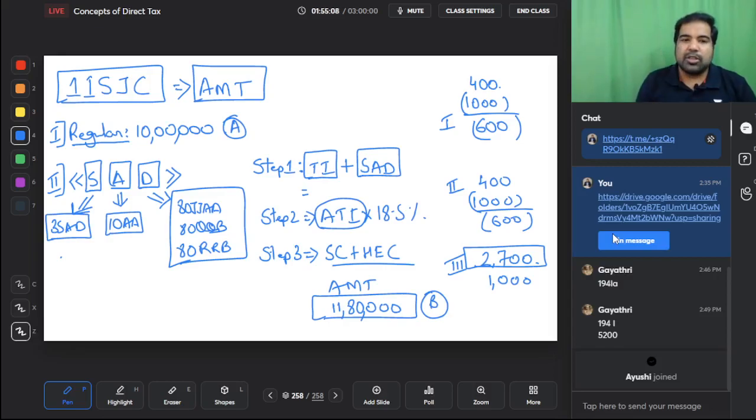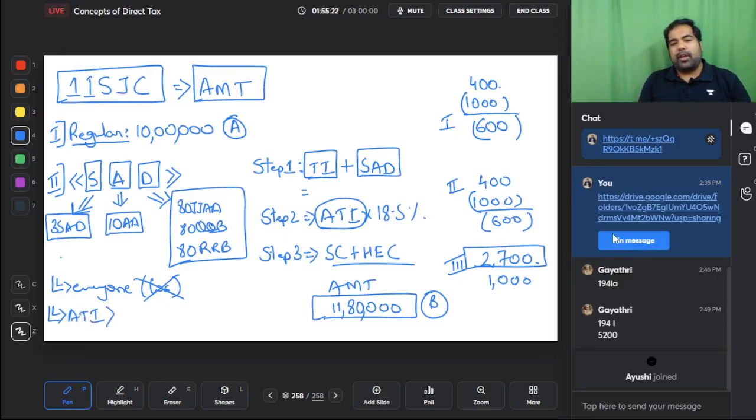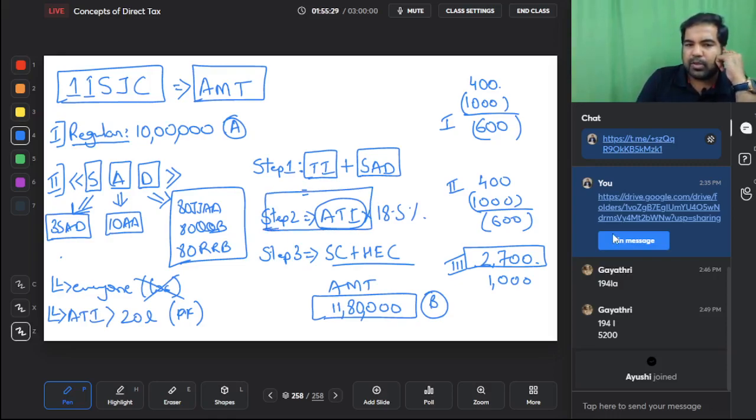Guys, this is the concept of alternate minimum tax. It applies to everyone except companies. So except companies, it applies to everyone, and it will apply only if your adjusted total income is greater than 20 lakhs, but this limit is not for partnership firms. So this adjusted total income should be more than 20 lakh, only then AMT will apply.